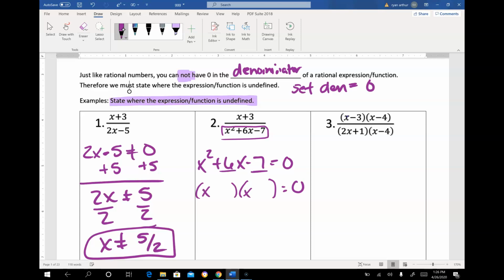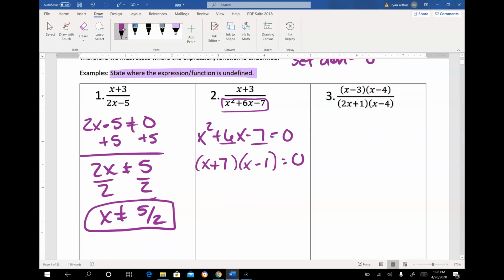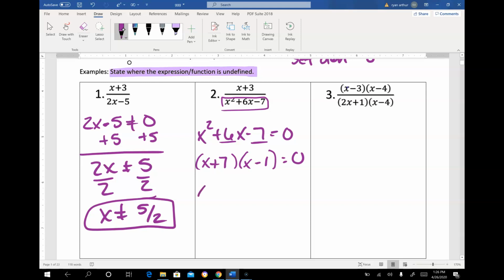Well, I know the only thing that multiplies to give you 7 is 7 and 1. Okay? Now, I want a positive 6, so that 7 has to be positive, and the 1 has to be negative.